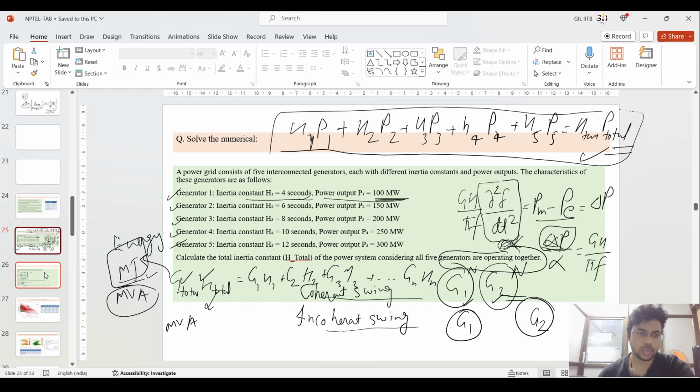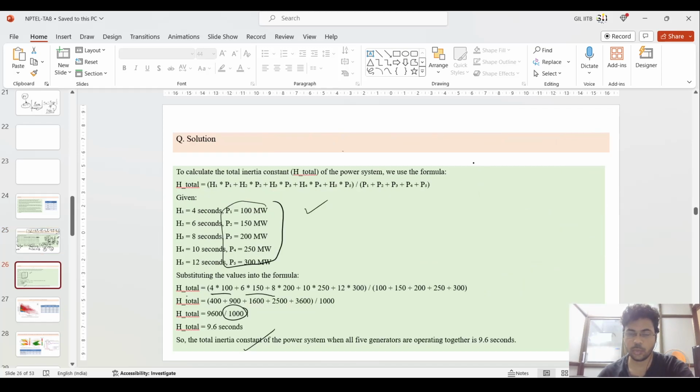Let me explain once again. You have certain components in the swing equation: GH by pi f times d square delta by dt square is equal to Pm minus Pe.